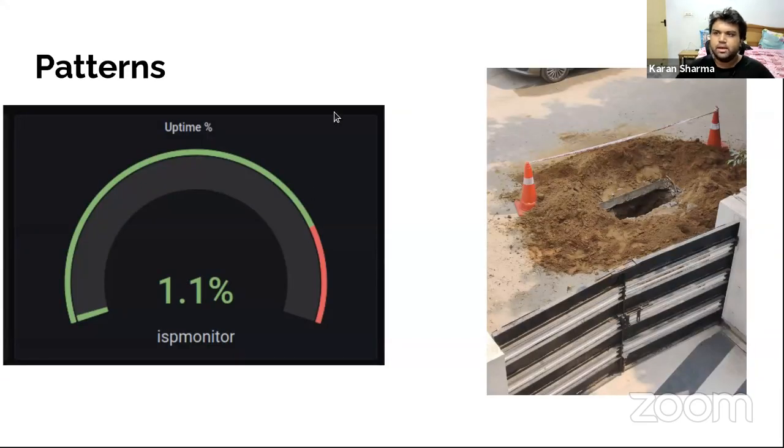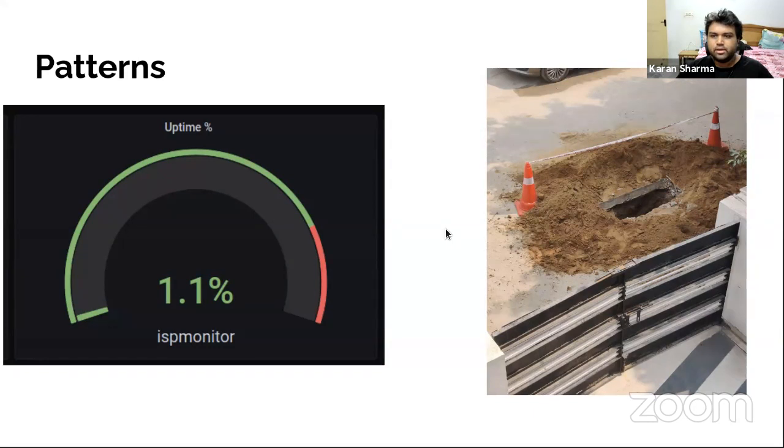But interestingly, and this happened just yesterday, I'm giving my talk on my mobile internet, and this talk is about monitoring your home internet. So what happened was, I have Airtel in my hometown, and Airtel just started randomly digging right in front of my house in the name of putting in fiber cables.